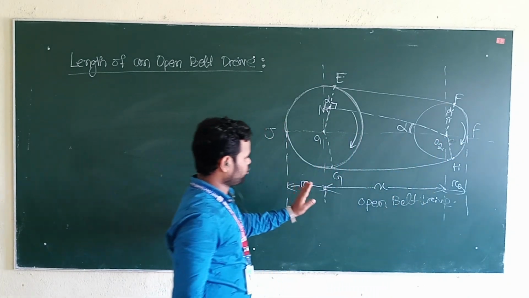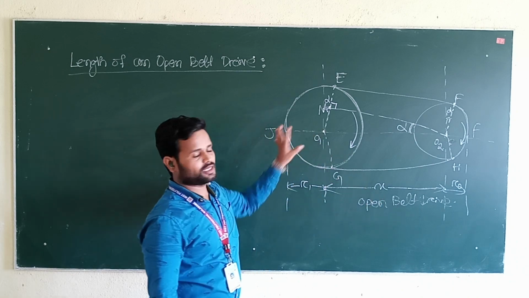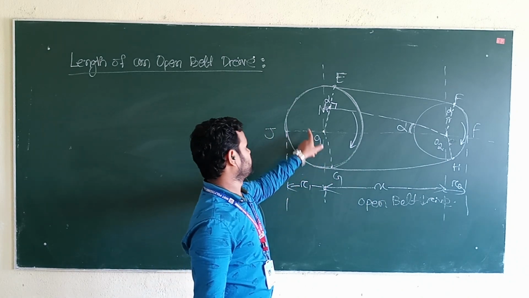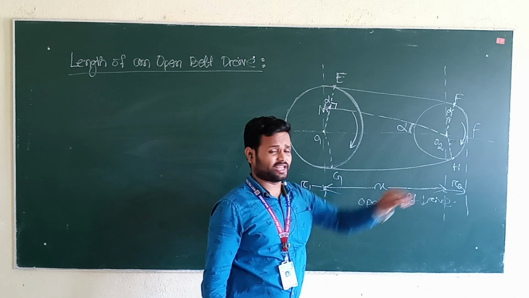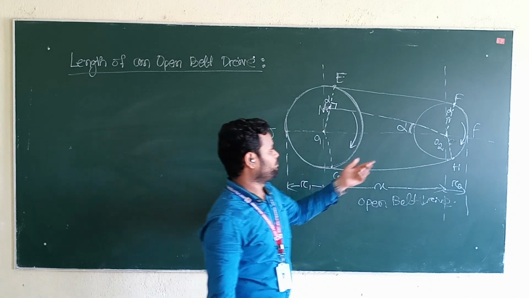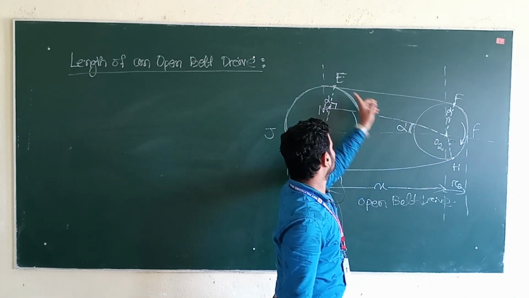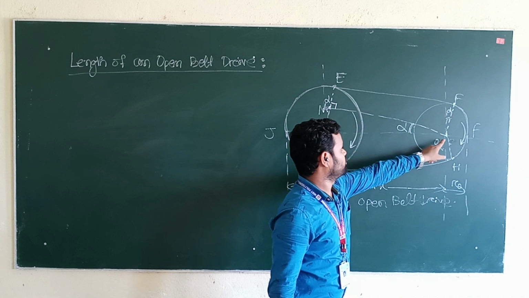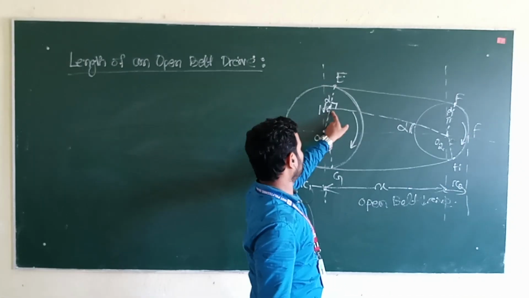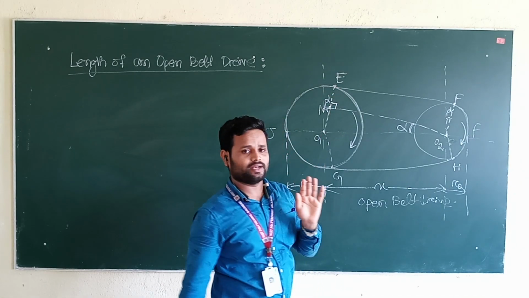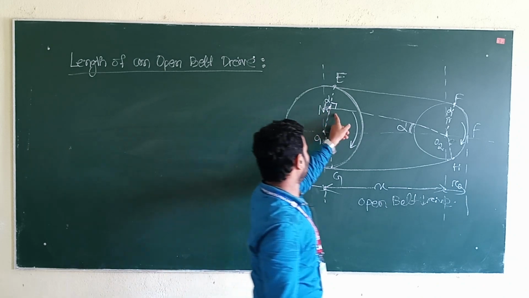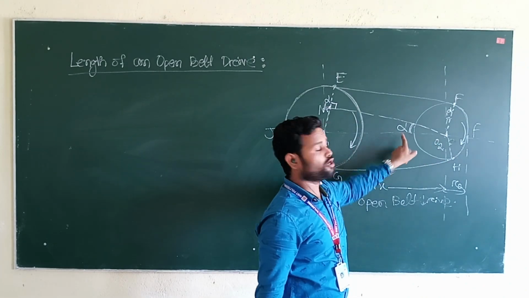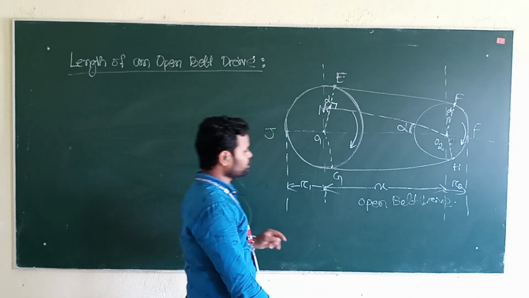We have already known that in an open belt drive, the direction of rotation of driver and follower is the same. Then make a line O2M parallel to EF, perpendicular to O1E, and the angle between MO2 and O2O1 is alpha.